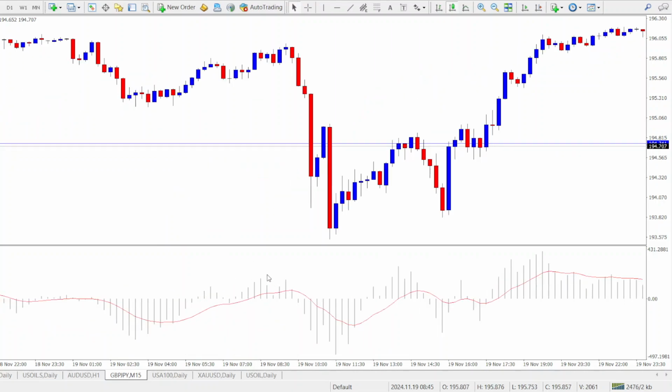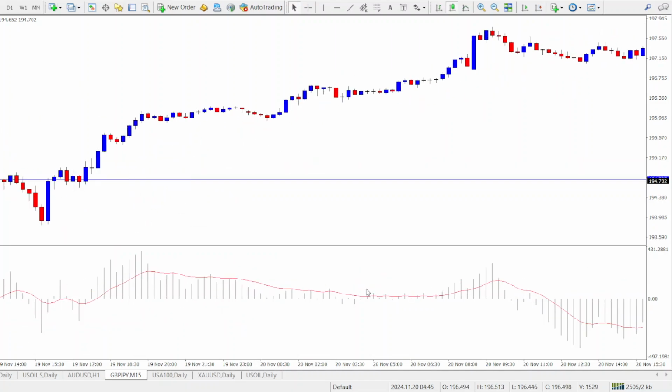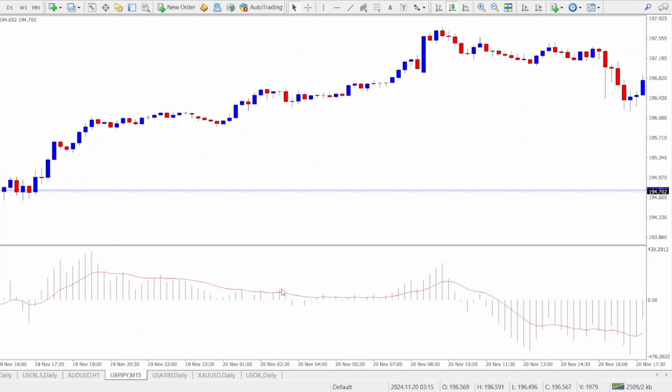Watch out for the histogram bars. These histogram bars help to show the momentum in the market. So when you have short bars like this, for example, it shows very weak momentum. In this case, we can see what happened on the chart.